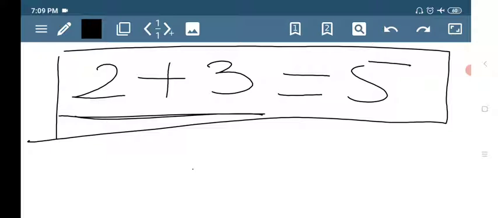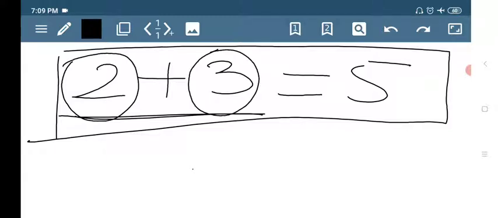Maybe a mathematical statement, isn't it? You can call this a mathematical statement where 2 plus 3 is equal to 5. So, what is 2? 2 is a number, 3 is also a number, 5 is also a number.